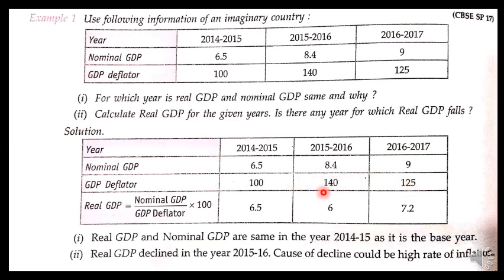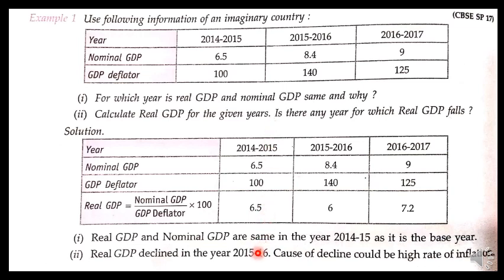So when we compare this year's index to the year 2016, there is a 25% rise. So in both the years 2015 and 16, real GDP's value is less on account of inflation, but in this year it is particularly less. So this is the answer for the second question.